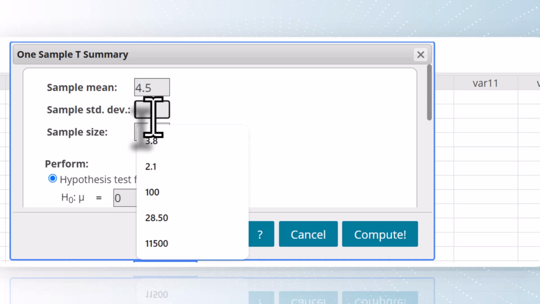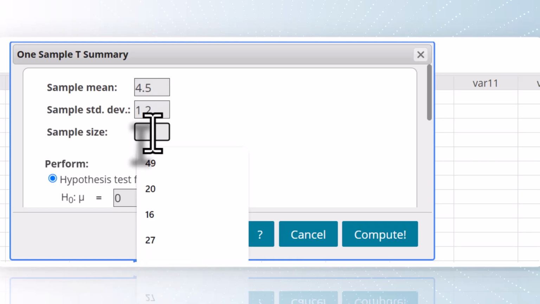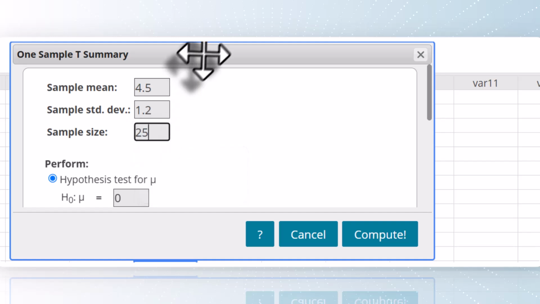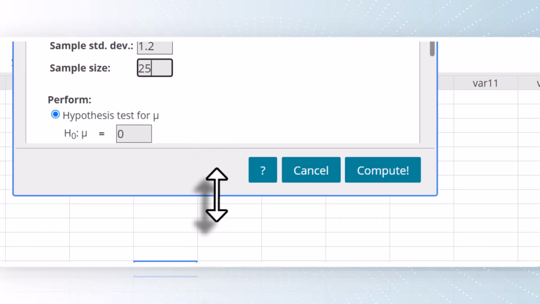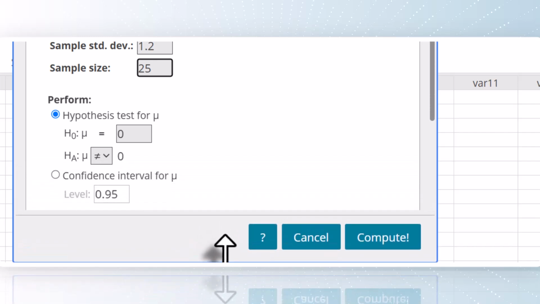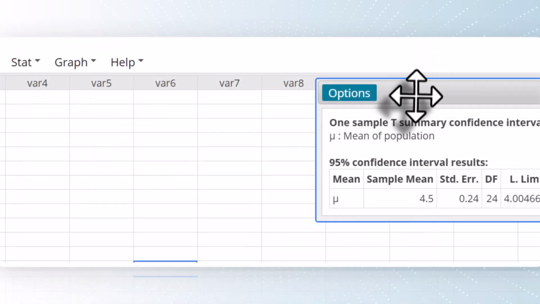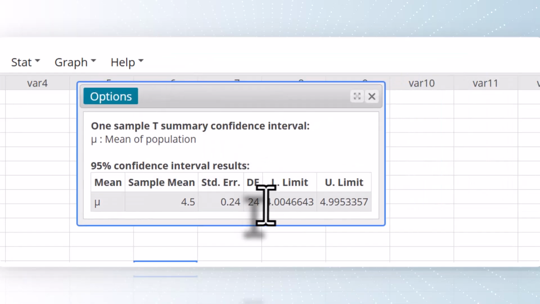The sample standard deviation is 1.2. The sample size, guys, is 25. And we need to select the confidence level. And what was the confidence level in the question? The confidence level was 95, so just select the confidence level here and hit compute, and here's your interval.